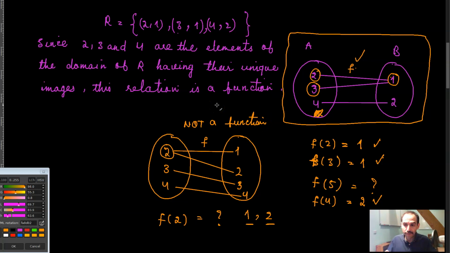Or you can just simply go with the definition, meaning that each and every element of the domain of the function is supposed to have a unique, and one and only one, image in the codomain of the function.